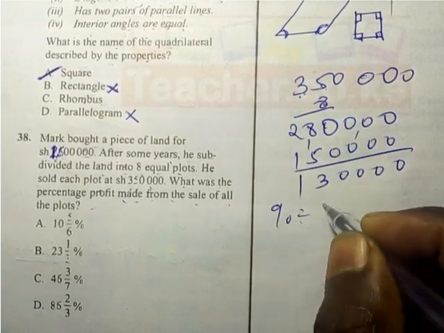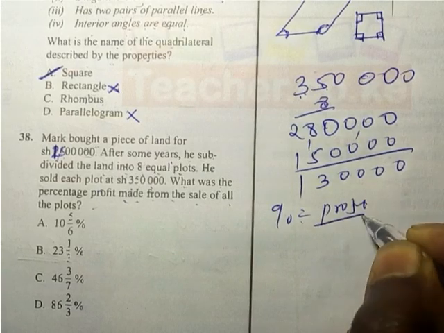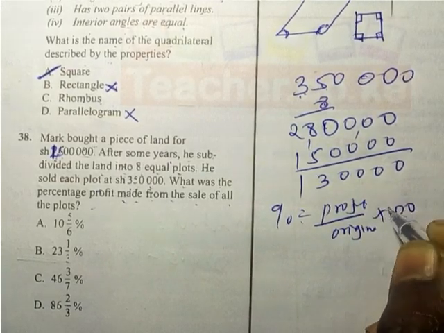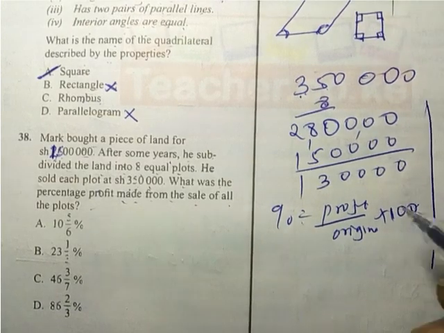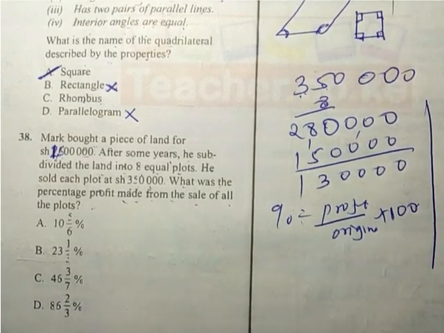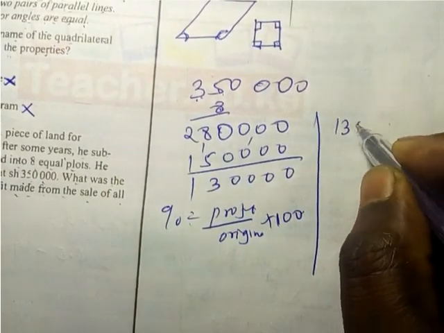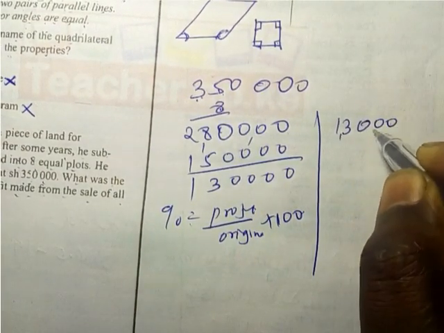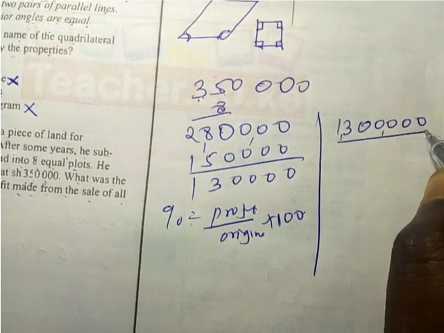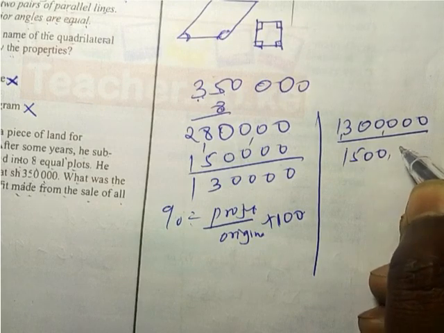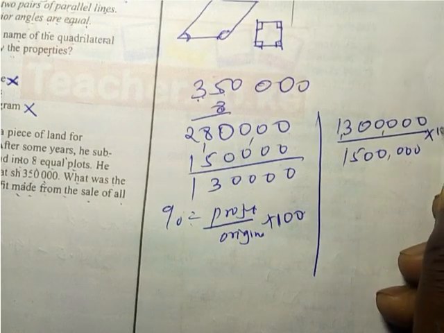Percentage profit is equal profit over the original times 100. So that is 1.3 million divided by the original, 1.5 million, times 100.